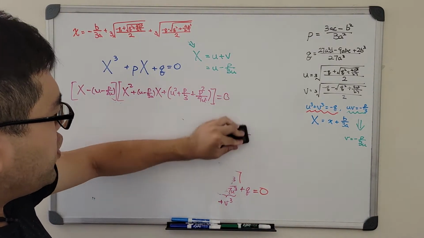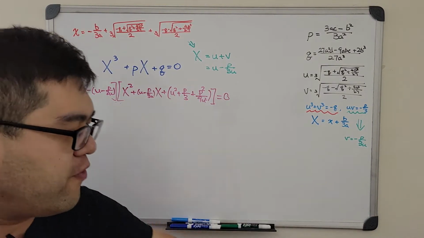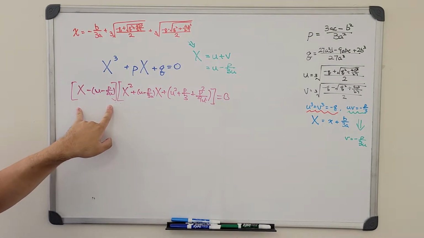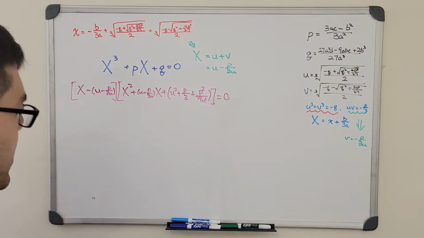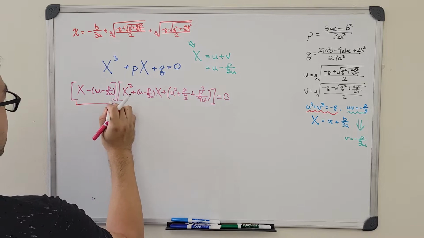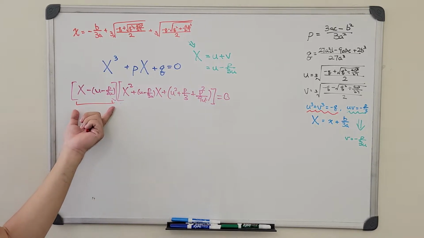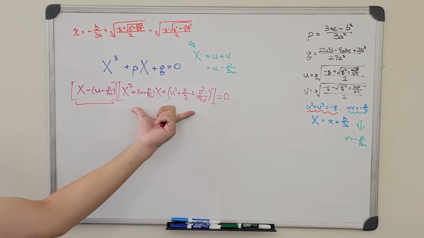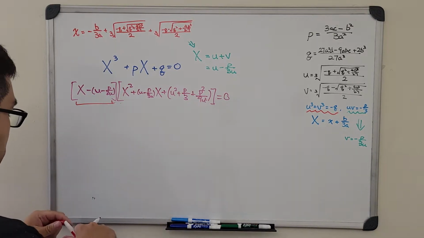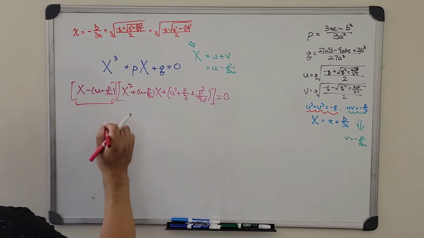So since we already know the first result, which is from here, we are trying to find the other two results. And if we know that the first result is from here, we're now supposed to assume that this is not 0. So we need to assume the other term is 0 in order to get the other two results. So we can now try to ignore the first one.